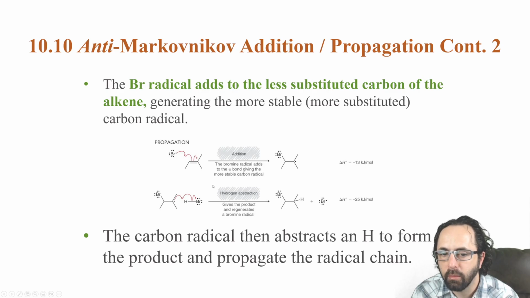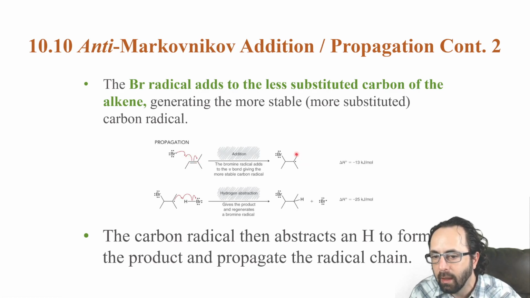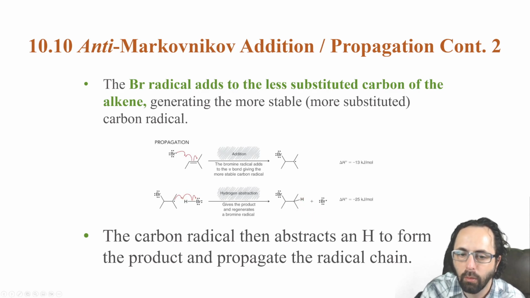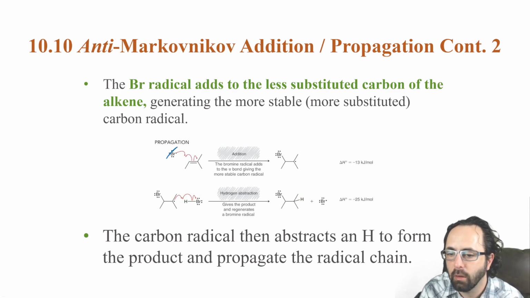And so in terms of the propagation steps for this, you just saw that one. We get a bond between the bromine and the carbon, one of the carbons in the alkene. The radical is going to go on the more substituted carbon, and then we will end with the abstraction of the hydrogen to recover the bromine atom. And so overall, our reaction looks like this.